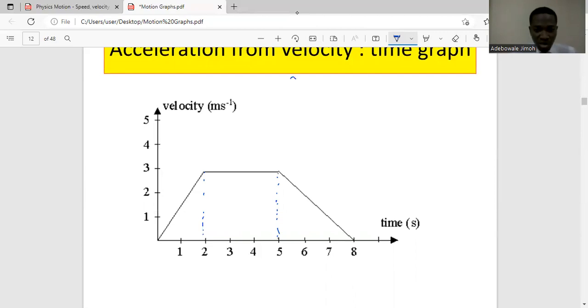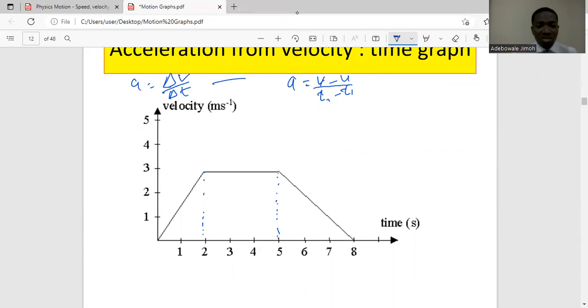This is the formula for acceleration. Acceleration is final velocity minus initial velocity divided by change in time. So T2 minus T1. Normally, ideally, acceleration is given by the formula change in velocity divided by change in time.